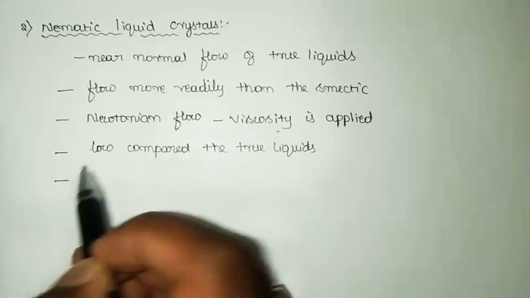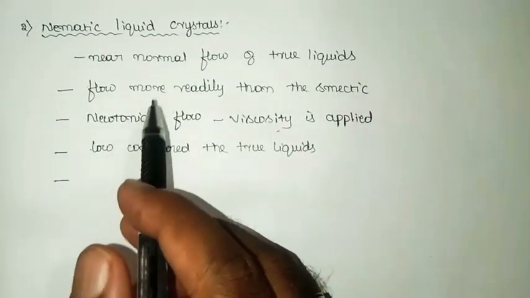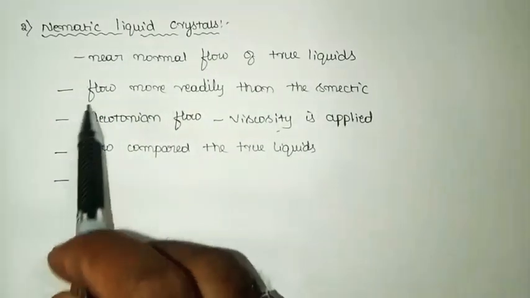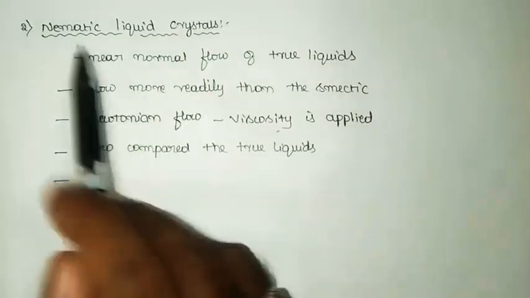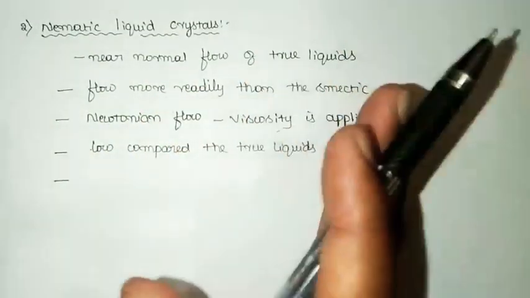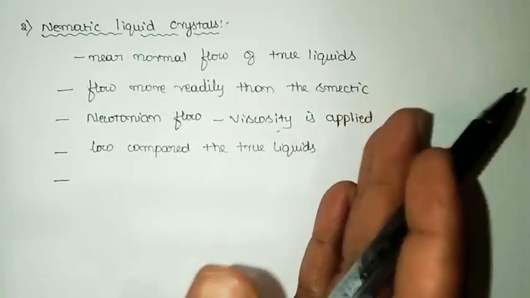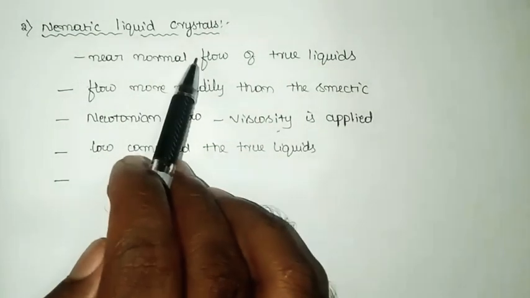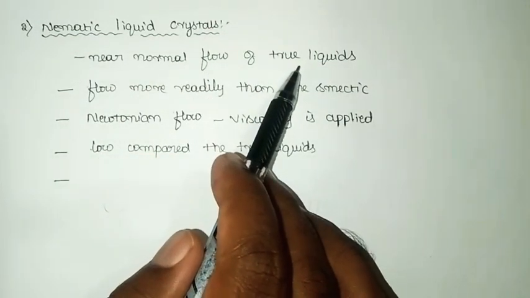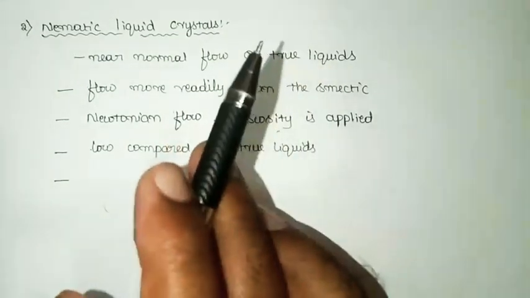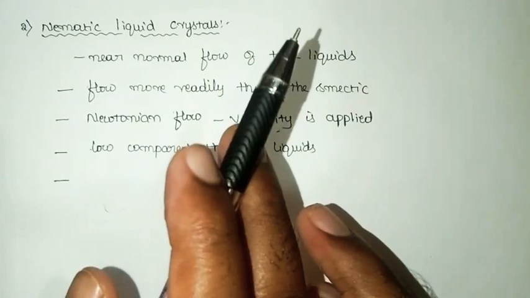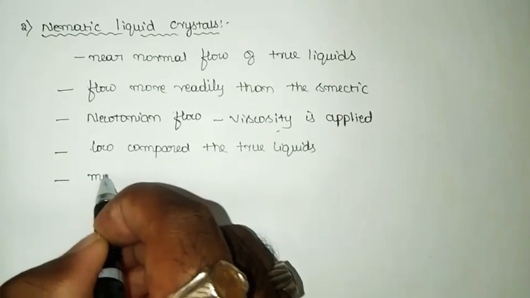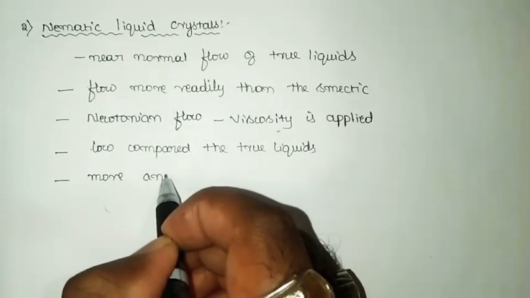We said nematic liquid crystals have nearly normal flow like true liquids, so you can imagine they have properties closer to true liquids compared to the normal crystalline state. But though they have nearly normal flow of true liquids, compared to smectic liquid crystals, nematic liquid crystals are more anisotropic in nature.